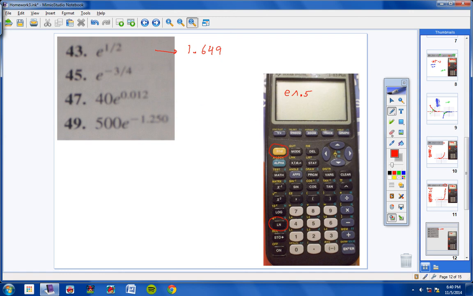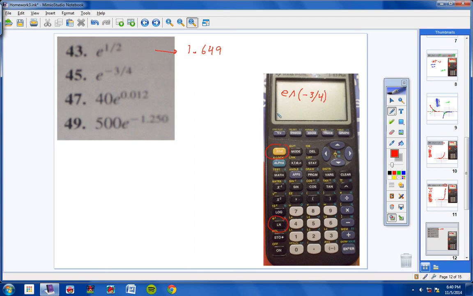So moving on to number 45. Number 45. Okay, here we go. Type in, hit second, and this button here, and your E will pop up, and your arrow, and put -3 divided by 4.